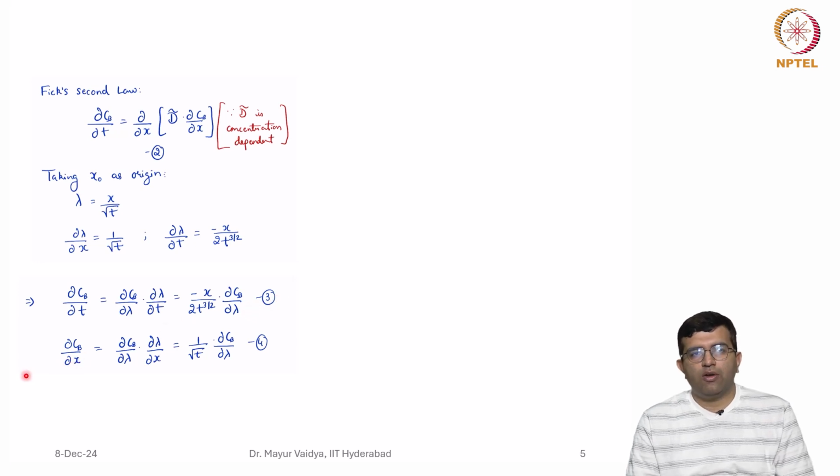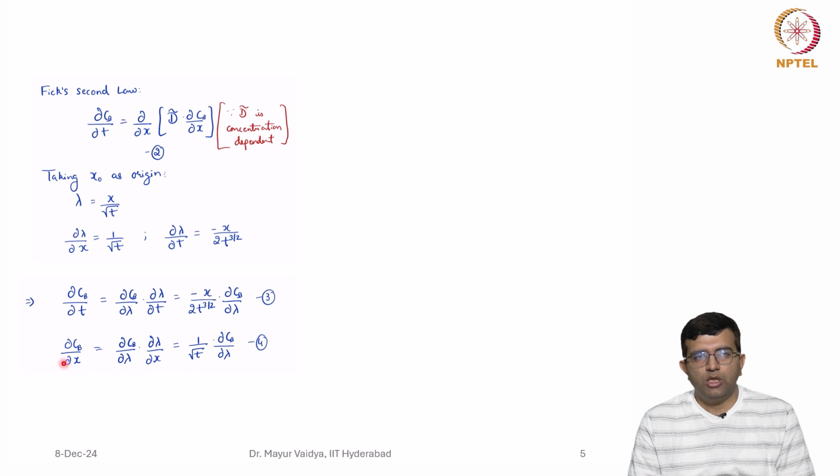Similarly, you can write ∂Cb/∂x as ∂Cb/∂λ into ∂λ/∂x, which will be equal to 1 by root t into ∂Cb/∂λ.